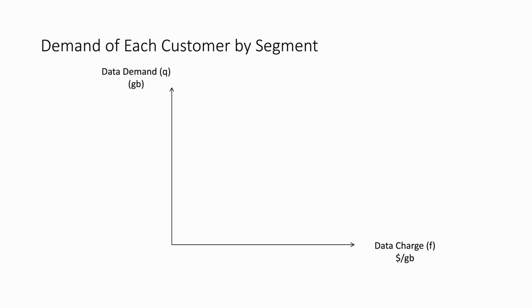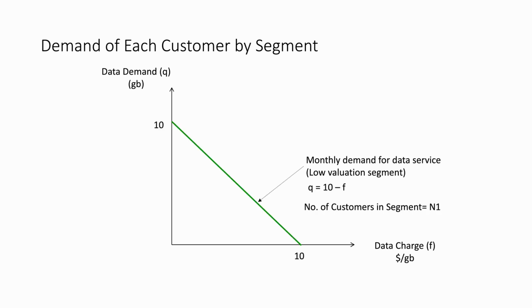In this curve, the horizontal axis is the data charge, which is the small f. The vertical axis is the data demand. Here, we assume all the customers in each segment share the same demand curve. So for the low value segment, we define the demand curve as follows.